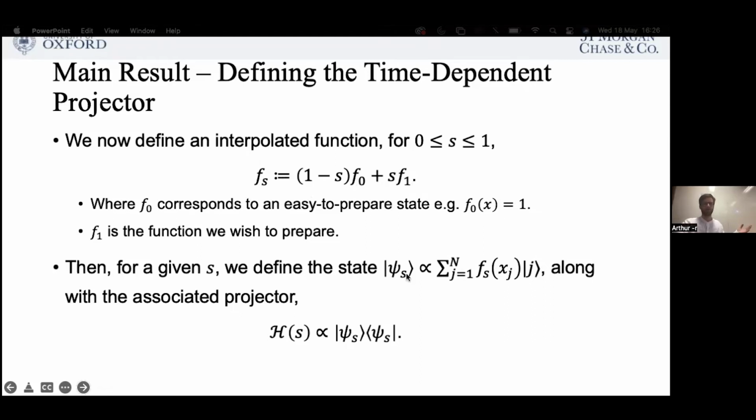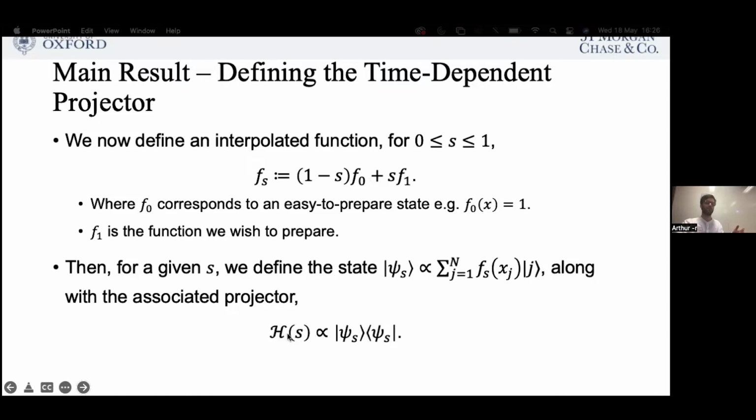So then this state psi s is some intermediate state that we define, and then we define a time-dependent projector onto this intermediate state. So now we have a time-dependent projector, and we can do an adiabatic evolution according to it, starting with our initial state, the uniform superposition, and then we morph it to the final state that we want to prepare.